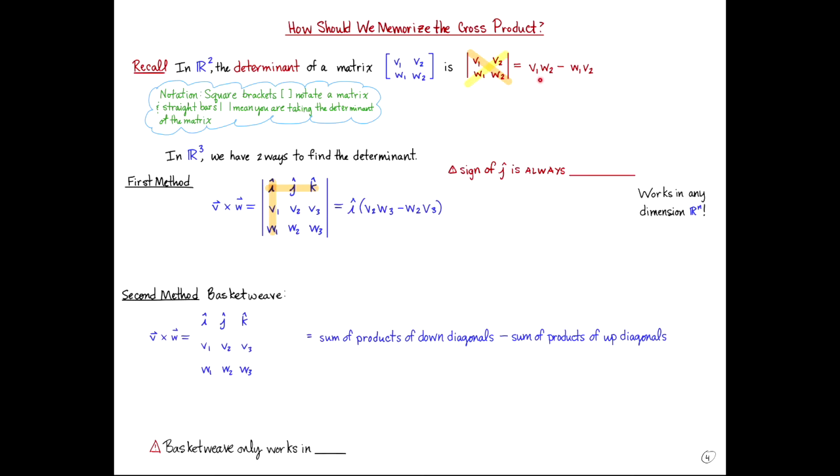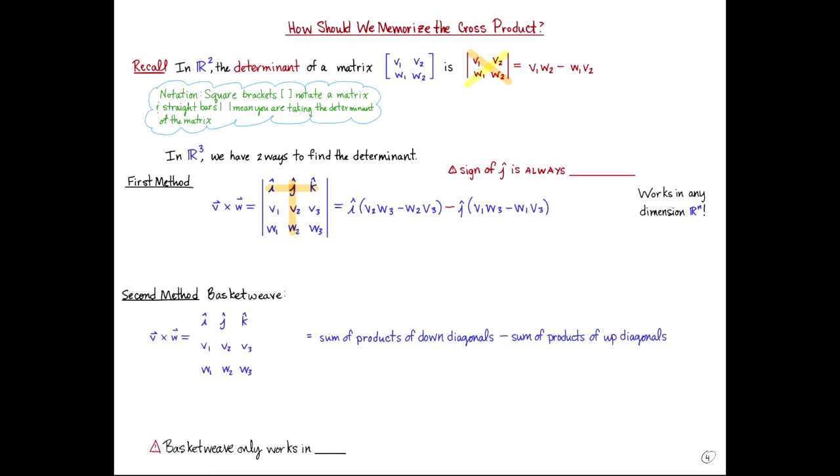Just like above, where we had the first component minus the second component, we need a negative sign, giving us minus j, crossing out the row that j is in and the column that j is in. We now find the determinant of the 2 by 2 matrix, V1 times W3, minus W1 times V3.